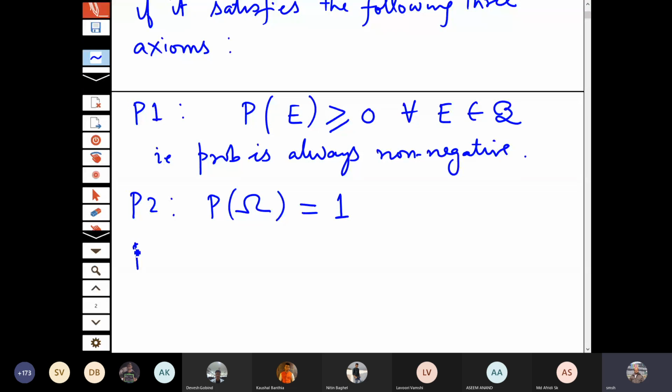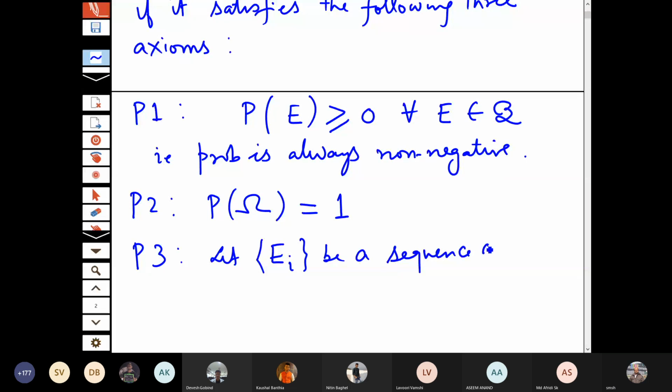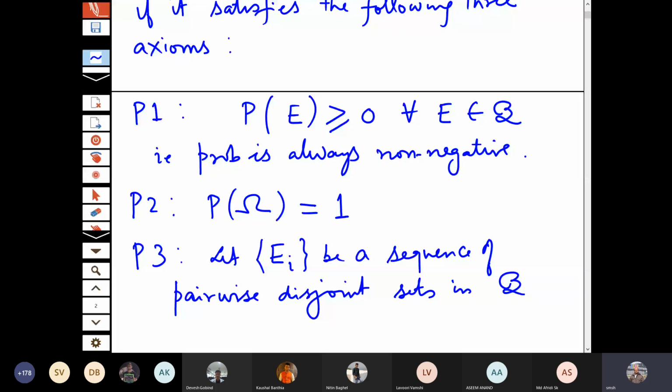And the third axiom is that let E_i be a sequence of pairwise disjoint sets in B. In the previous class, I have defined pairwise disjoint.